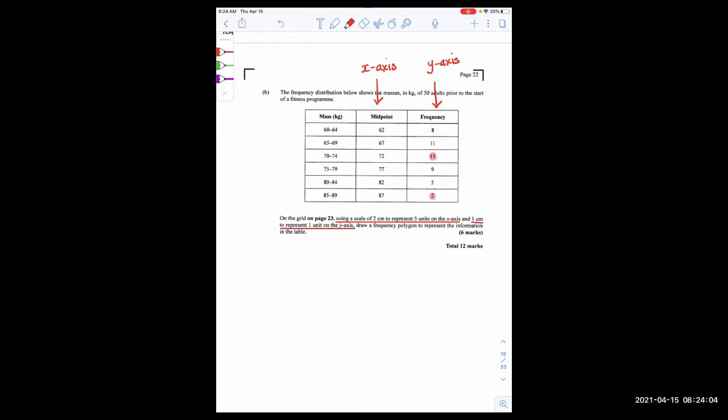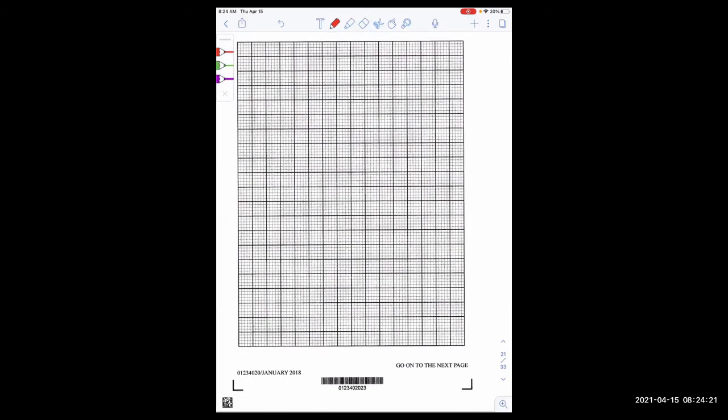However, on the x-axis, the lowest value is 62. So there is no need to start at 0, and the highest value is 87. So we could start drawing and labeling our x and y axes. X, and this is midpoint.